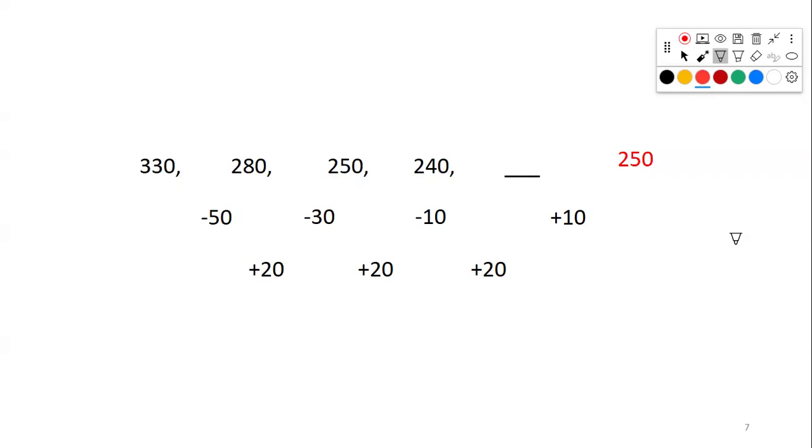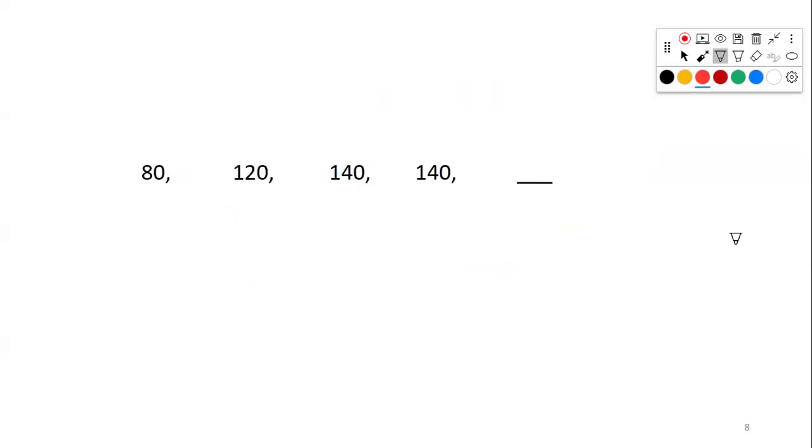Okay, let's go forward now. Double addition and subtraction series. Try this one. The difference is 40. The difference is 20. The difference is 0.